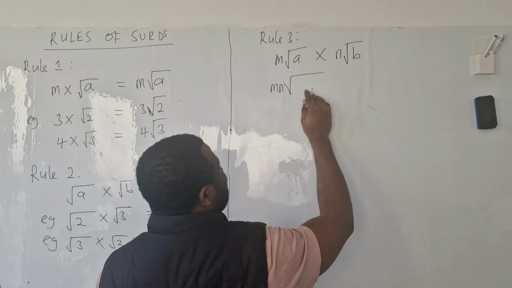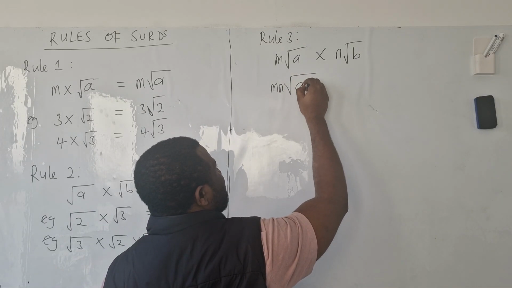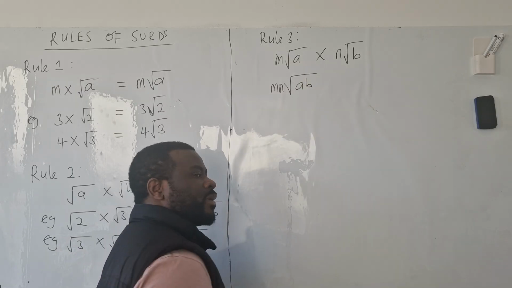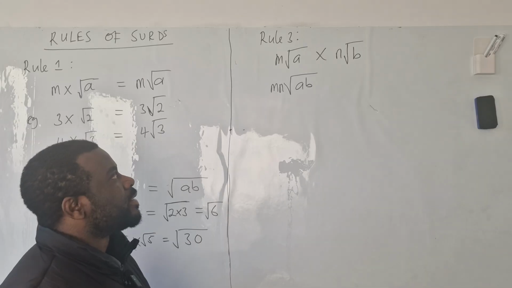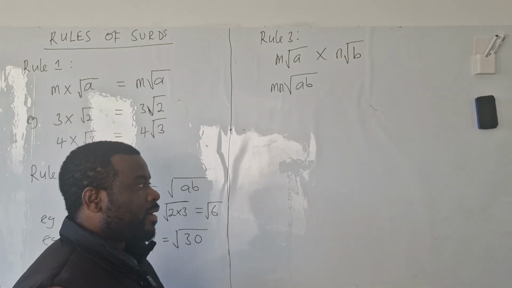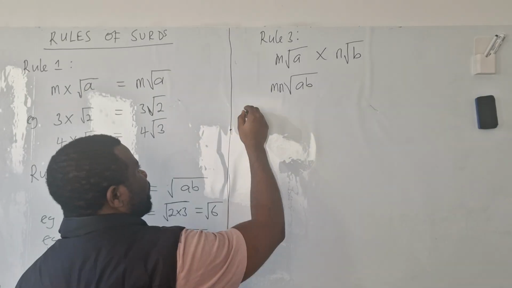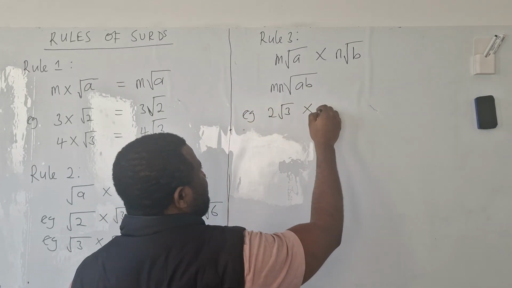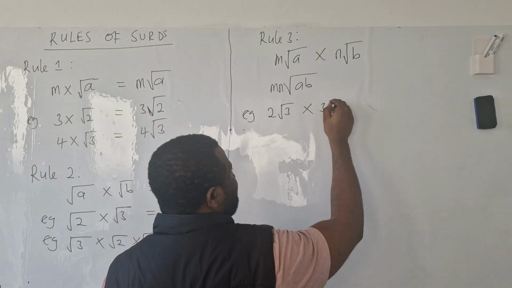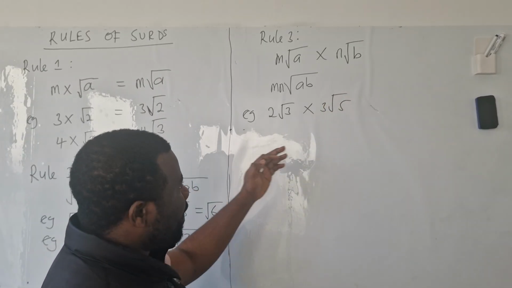Then we have root of a times b, that's going to give us ab. So that is how we multiply unlike surds with coefficients more than 1 together. For example, I have 2 root 3 multiplying 3 root 5. How do I multiply this one together?